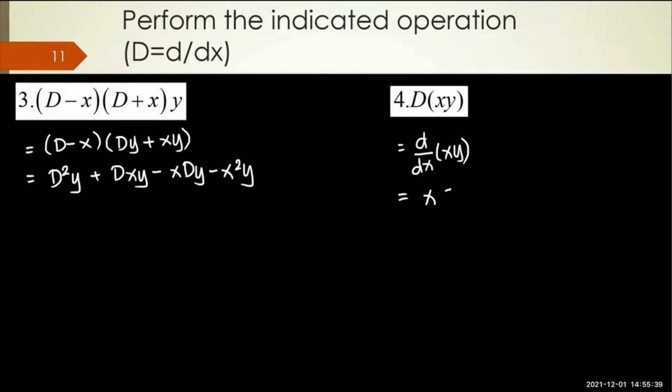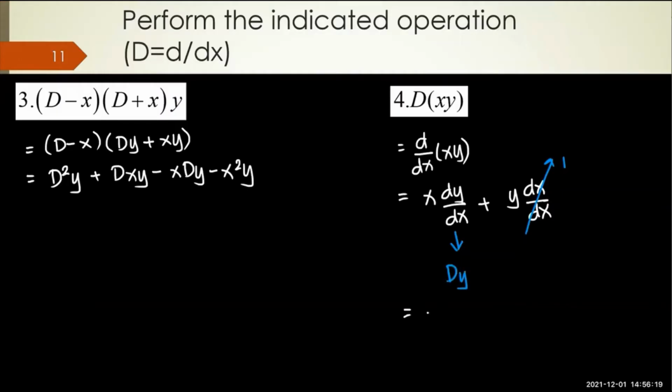Copy the first, derivative of the second, plus copy the second, derivative of the first. What is the derivative of the first, guys? Isn't it that that one is actually equal to 1? And then this one, if I were to rewrite this as a differential operator D, that is simply D y.